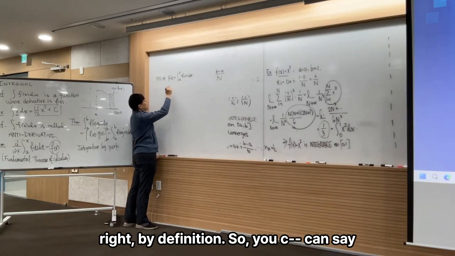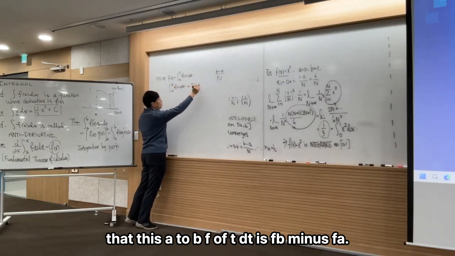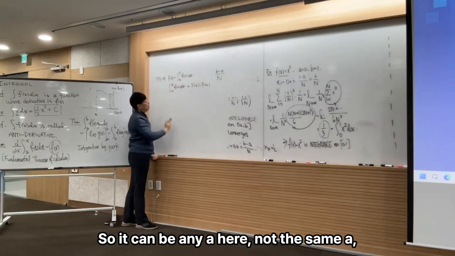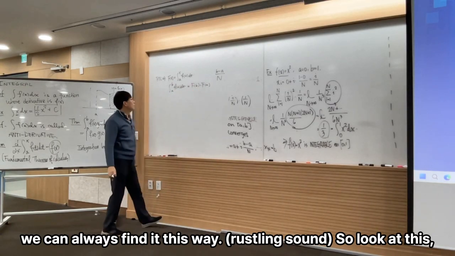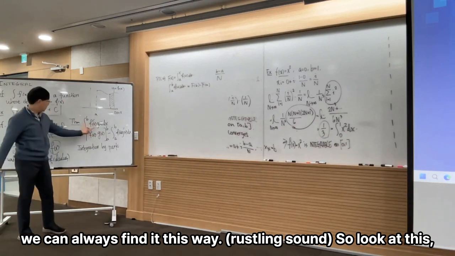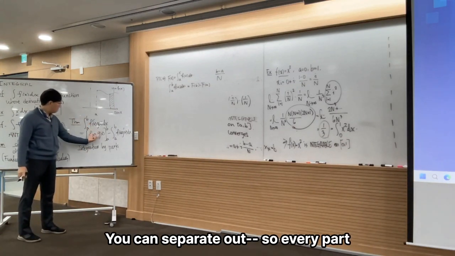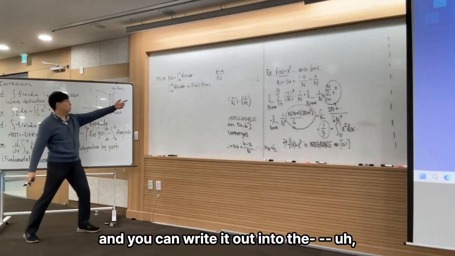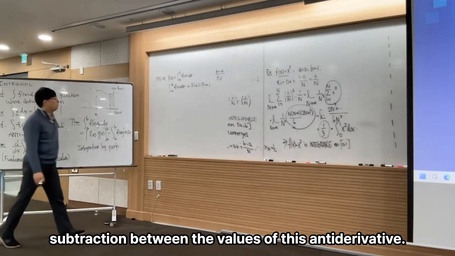So you can say that the integral from a to b of f of t dt is F of b minus F of a. It can be any a here, not the same a, but if you have an antiderivative, you can always find it this way. So look at this integration by parts. You can separate out every part into its definite integral, and write it as the subtraction between the values of the antiderivative.